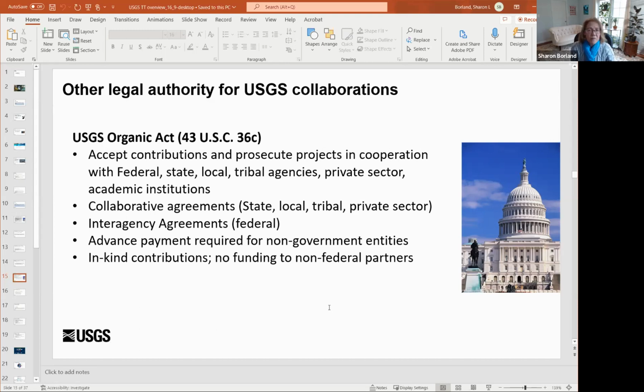Anytime you have funding going from the federal government to a non-federal entity, even to another federal entity, there is a separate legal authority that governs that, and of course, for the most part, the regulations are quite different as well. For contracts, that would be the Federal Acquisition Regulations.